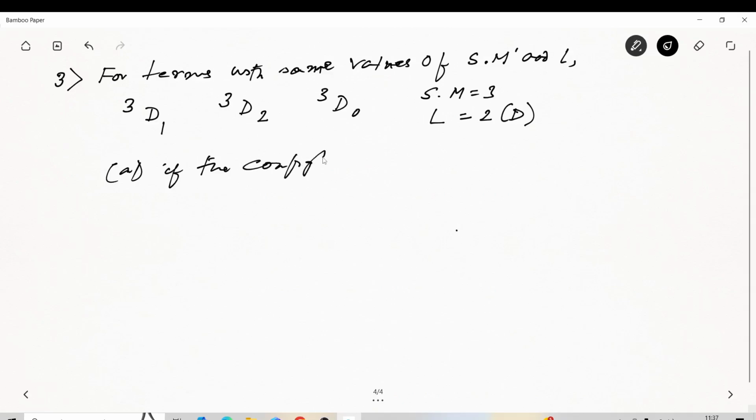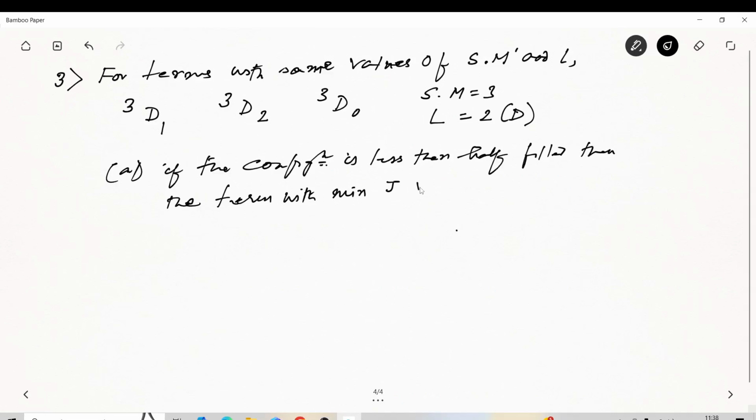If the configuration is less than half filled, then the term with minimum J value will be more stable.